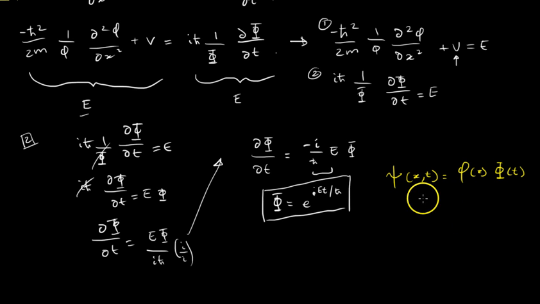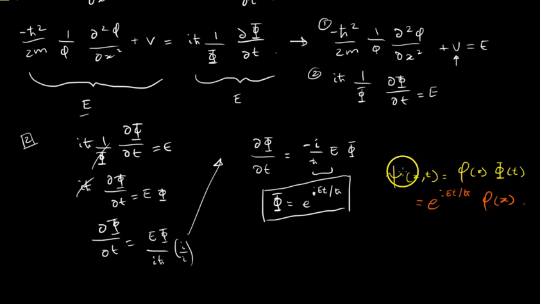We got that it was equal to e to the i E t over h bar, and we still have this phi of x. Now E is our separation constant, but it also represents the energy of the system, of the wave system, the wave packet, whatever you want to call it. And this is pretty cool.